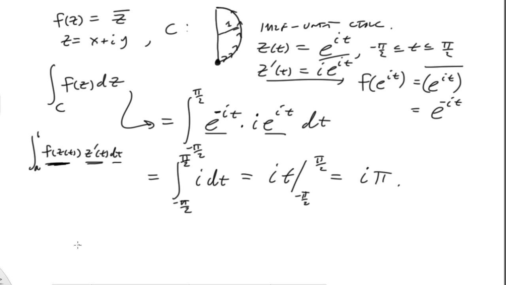Okay, so let's stop now and just cover one thing about contour integrals. First of all, this integral was going like this. It had a direction it was going, right?